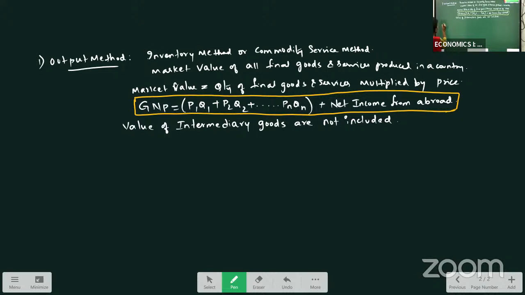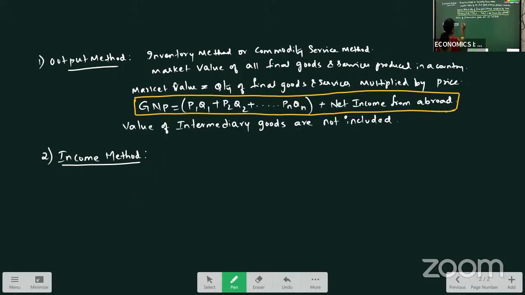Next method we are having, that is income method. Under income method, how we calculate? The income earned by all factors of production are added to arrive at the national income of the country.